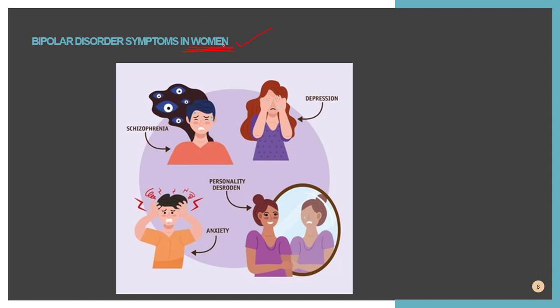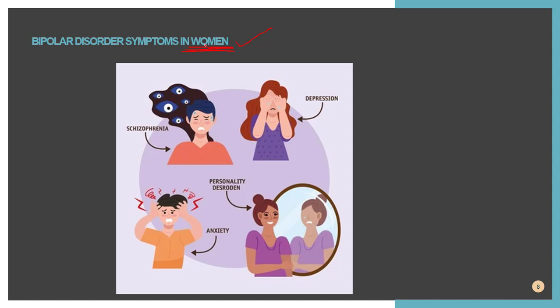In many cases a woman with bipolar disorder may, first, be diagnosed later in life, in her 20s or 30s. Secondly, have milder episodes of mania. Thirdly, experience more depressive episodes than manic episodes.